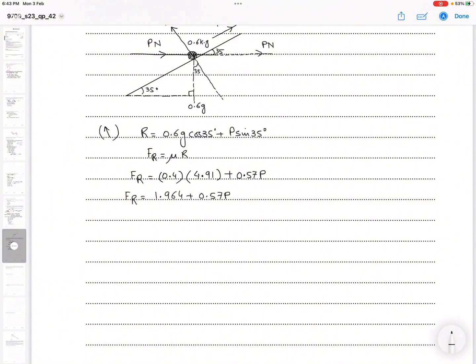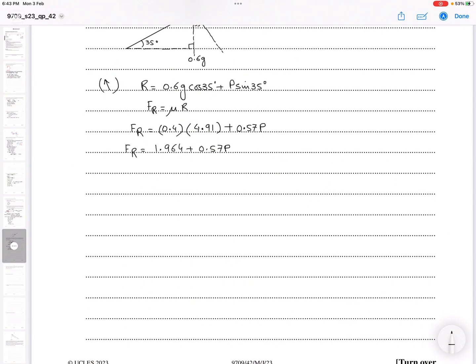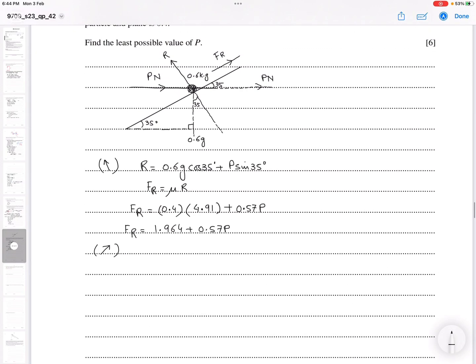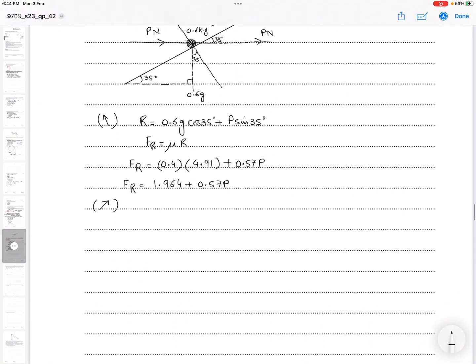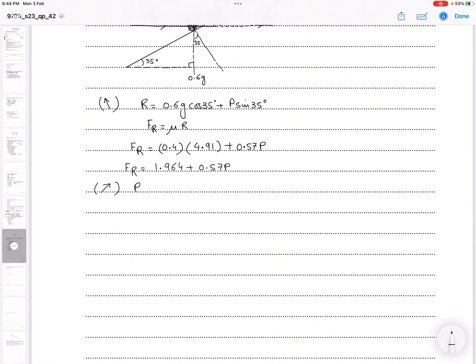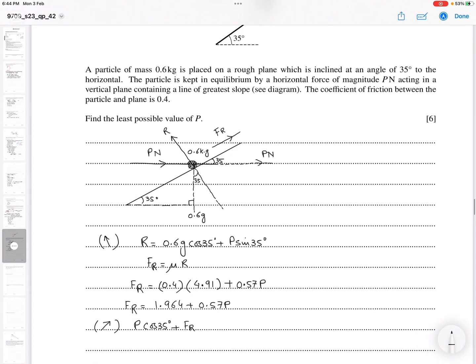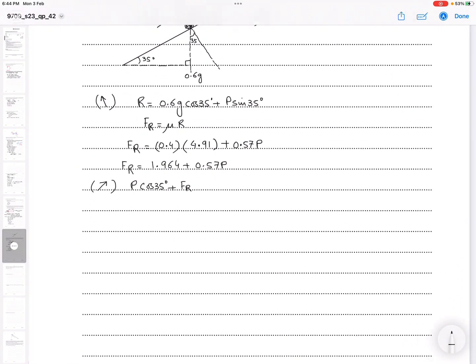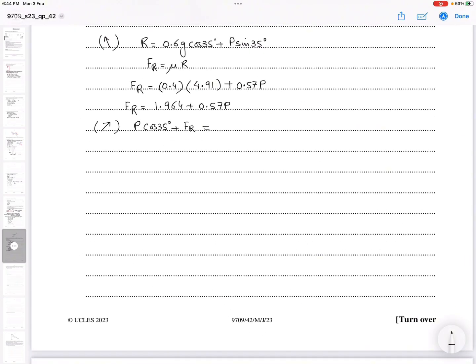Now resolve the forces along the plane, and for that my arrow will go in this direction. This is along the plane. So along the plane I have to resolve forces like P cos 35 plus Fr, frictional force, that you can see, P Newton and Fr. This is equal to 0.6 g sine of 35.